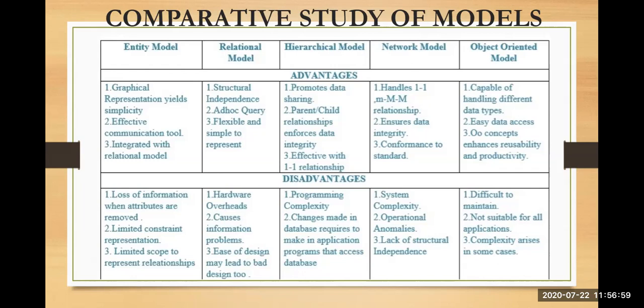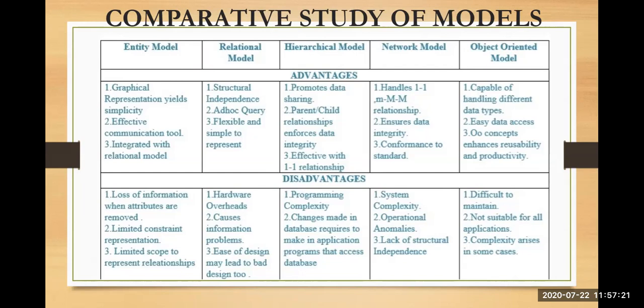So at times it becomes very difficult to understand which reference is made against which. Third, lack of structural independence. There is no fixed structure when I talk about the network model, as there are multiple parent-child relationships. So there is no fixed structure that the data will be stored in that form only. Depending on your parent-child relationship, the structure will keep on changing.